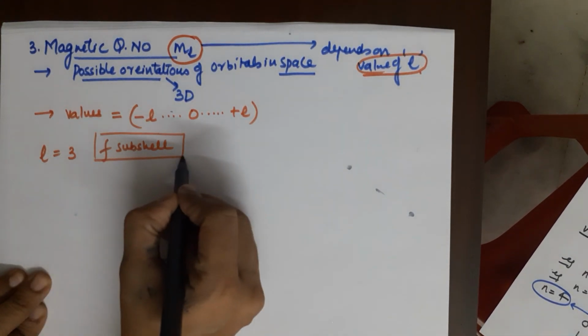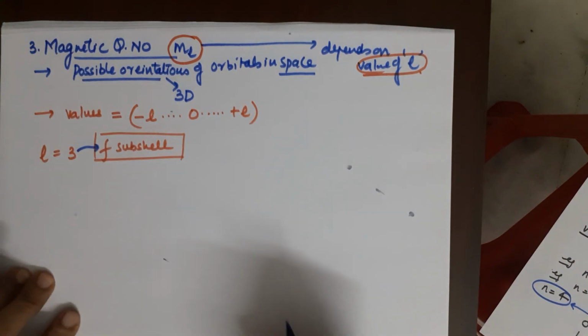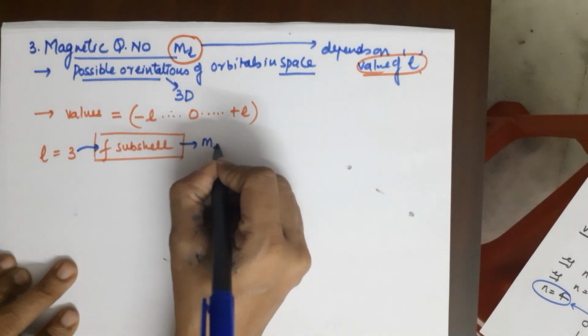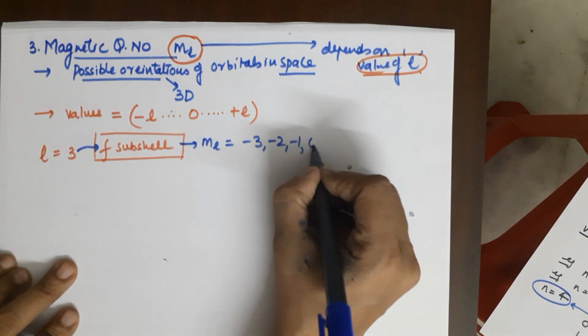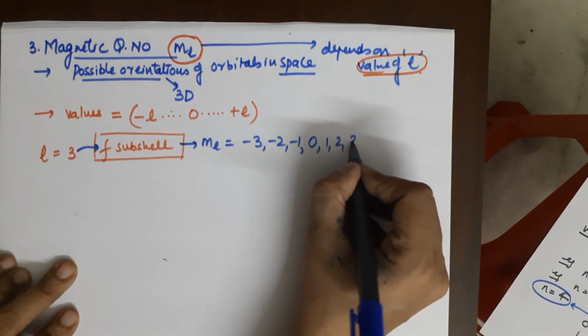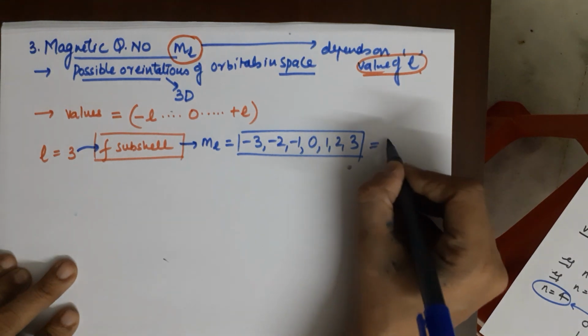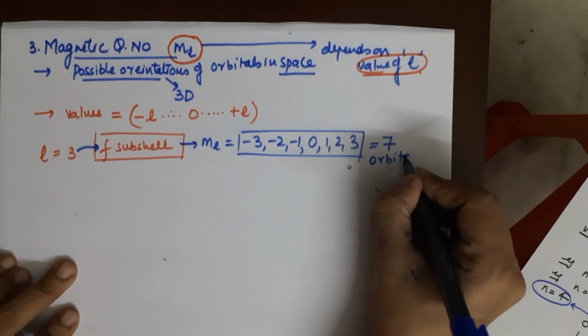With the value of L, you know the subshell to which we are referring. If L value is 3, it is the F subshell. Then, what are the ML values? ML values will be minus 3, minus 2, minus 1, 0, 1, 2 and 3. What are the total values? Count. These are 7 values. Therefore, it has 7 orbitals.